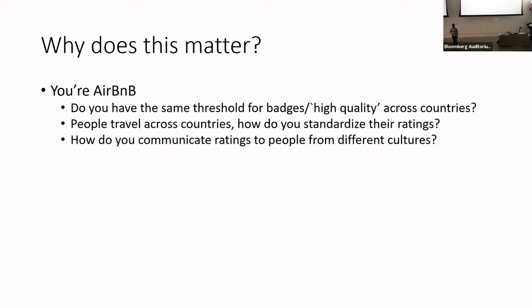If you tell people 3 means this is a way above average freelancer, and 5 means the best freelancer you've ever hired, then yes, still 20% of people are going to choose a 5 when that probably wasn't the best freelancer they hired, but you get a far more normalized distribution. And so you can imagine playing with that across countries, playing with adjectives or words or whatever to try to standardize ratings.